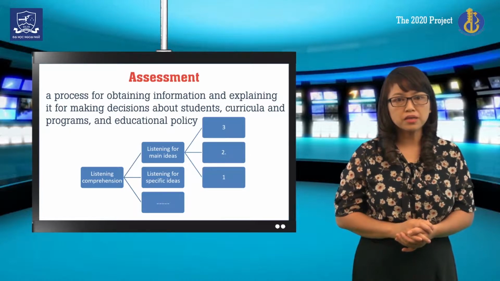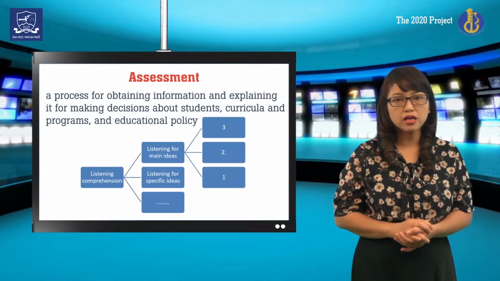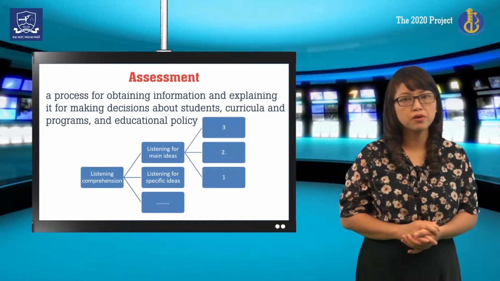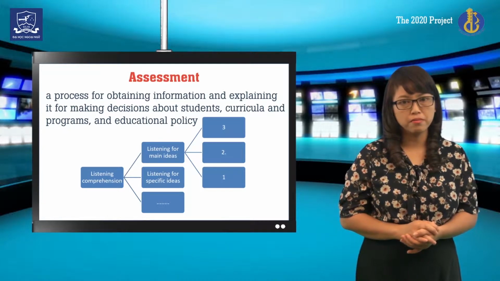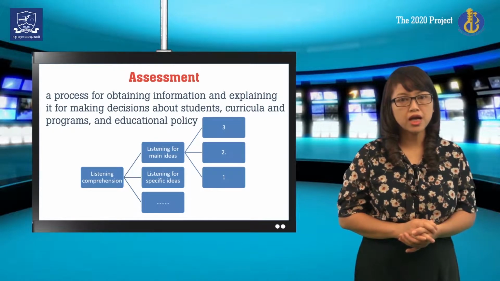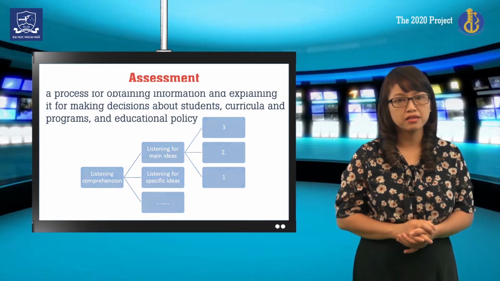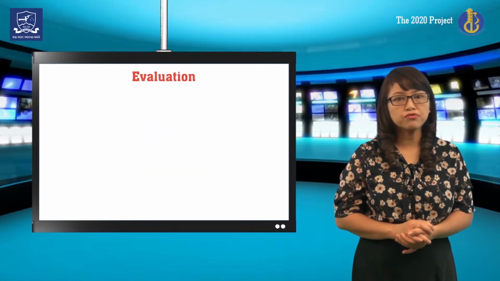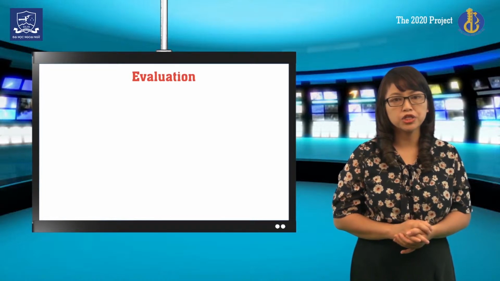Thus, the process of assessment is longer and includes not only measurement, but also the explanation of the students' results and the decision made for them. The term assessment, therefore, matches the range of tasks of a classroom teacher better. It might be also interesting to note the difference between assessment and evaluation.